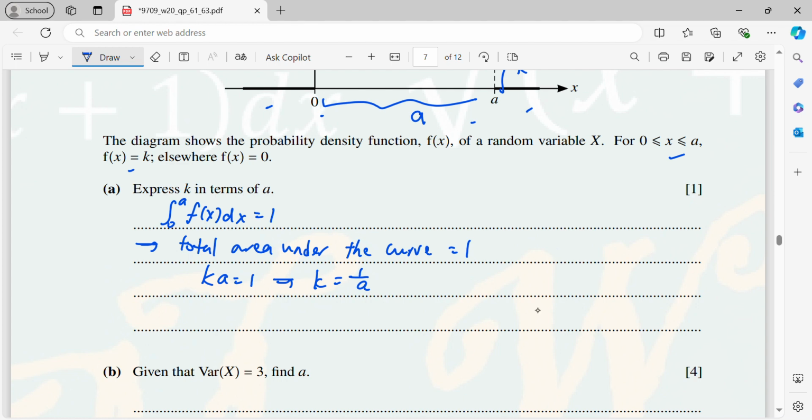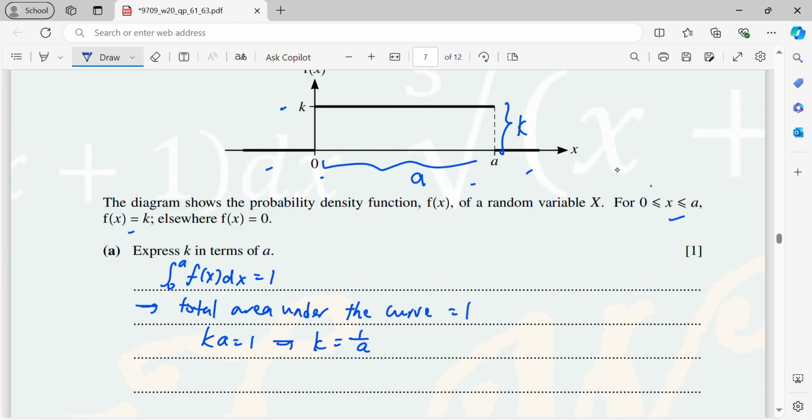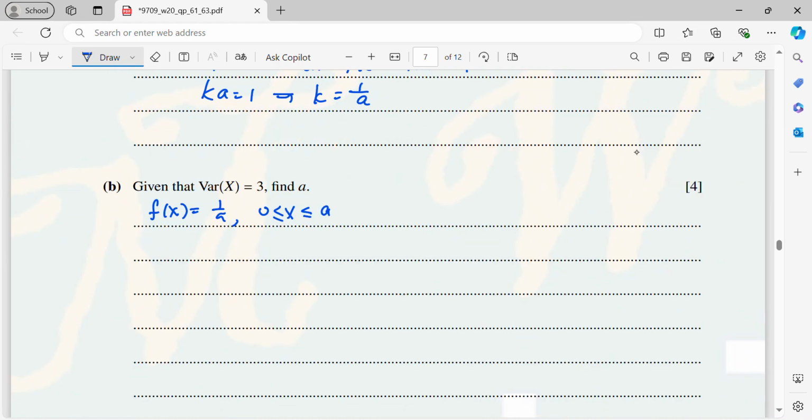Now, given that the variance of X is 3, find a. So now I will rewrite f(x) as 1 over a when x is from 0 to a. The variance is calculated using E(X squared) minus the square of E(X). So I need to calculate E(X) first.